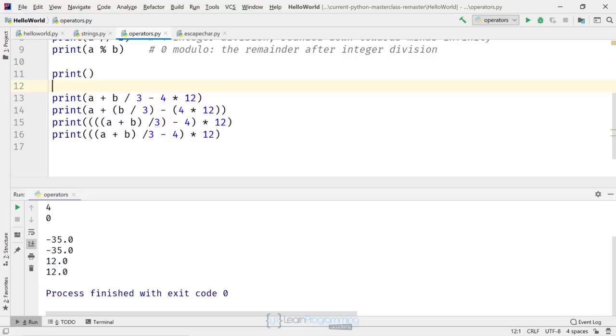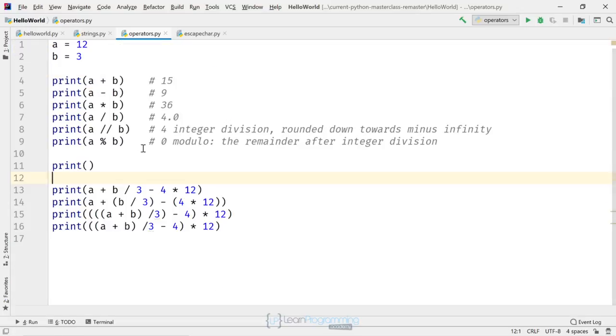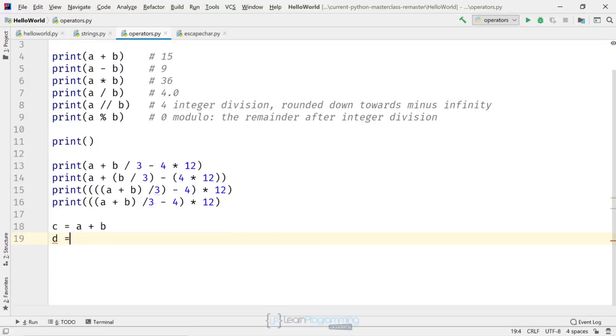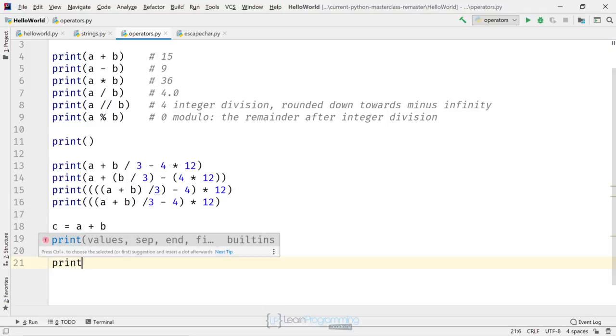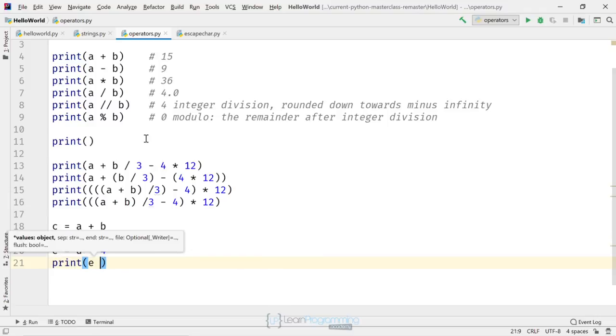Now we could also use variables to hold the intermediate values if we wanted to. So if I come down here to line 18, I could type C equals A plus B, and the next line, D equals C divided by 3, then E equals D minus 4, then we could do a print, in parentheses, E multiplied by 12.